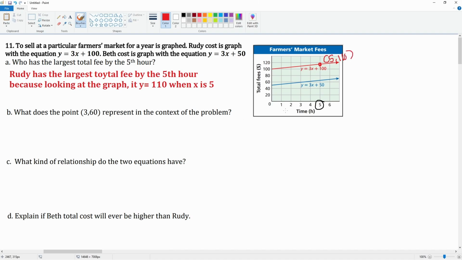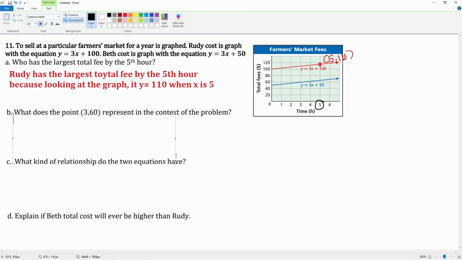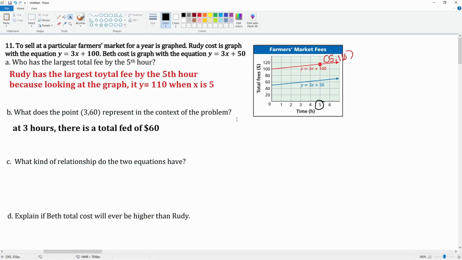Next, what does the point 3 comma 60 represent in the context of the problem? It represents that at 3 hours there is a total fee of $60. That's what it means, and I'm just looking at the units because on the graph, we see that the x here is time, and then the y here is your total fee.